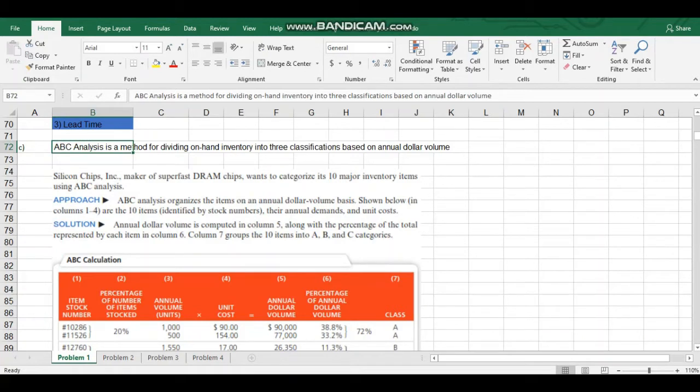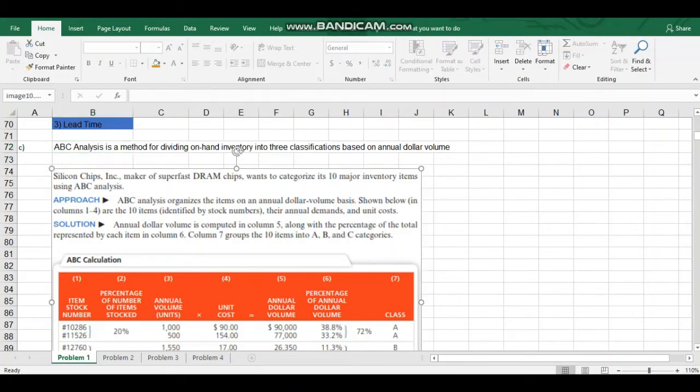into 3 classifications based on annual dollar volume from each of that inventory. So the example is we have Silicon Chips. They are a maker of super fast DRAM chips, and they want to categorize its 10 major inventory items using ABC analysis.